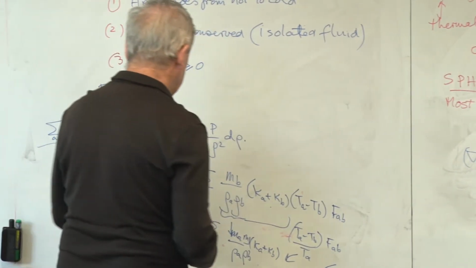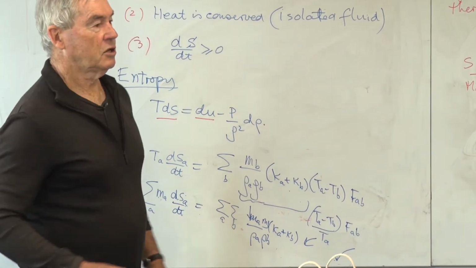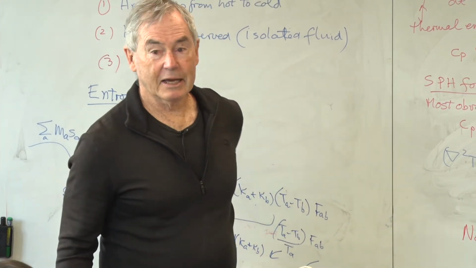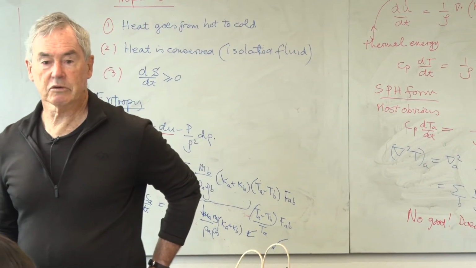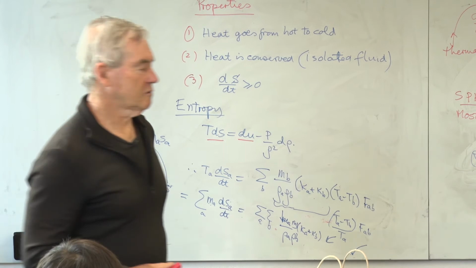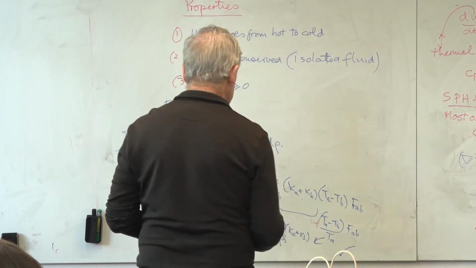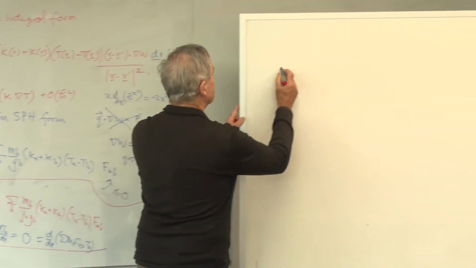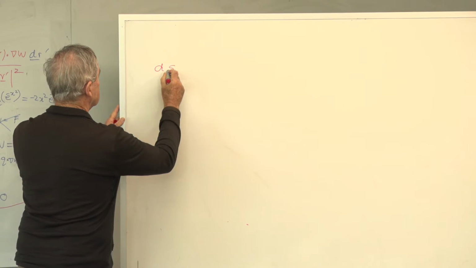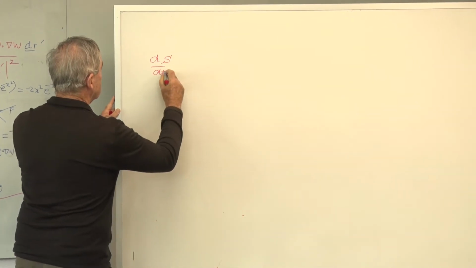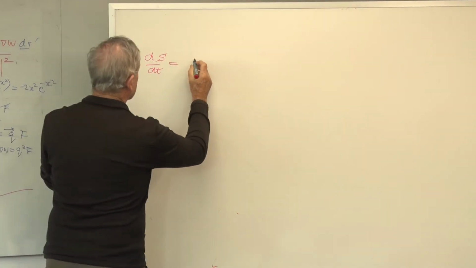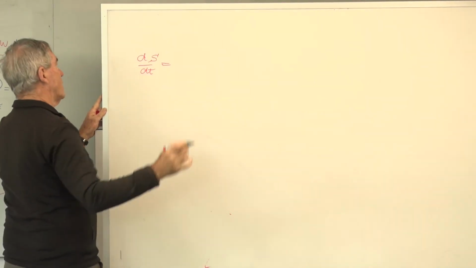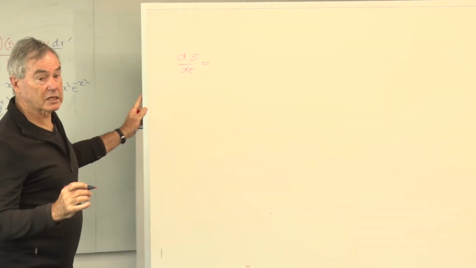Well, whenever you get these double sums in SPH, you should think about things like interchanging the labels and getting an expression which is identical, but maybe some of the things have been changed. So that's what I'm going to do. I'm interchanging labels, which shouldn't change anything.